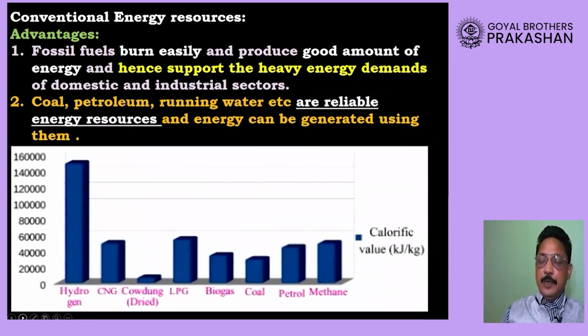In this way they are able to fulfill our energy demand. And second important thing, they are more reliable. That means we can use them whenever we want and in whatever quantity we want. So they are reliable as compared to non-conventional energy resources.